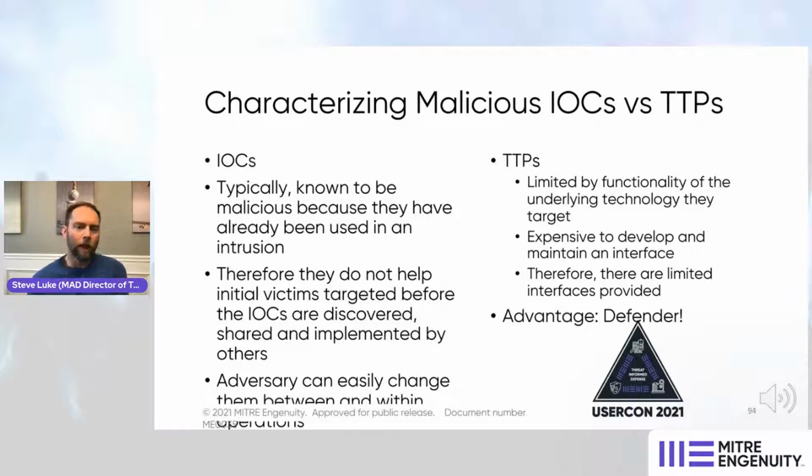But the focus that we have is on the TTP level of David Bianco's Pyramid of Pain, because that's the level of description of how an adversary looks and behaves that is going to be robust over time and common across different actors. And so you can afford to invest more there and get better payoff for your investment.